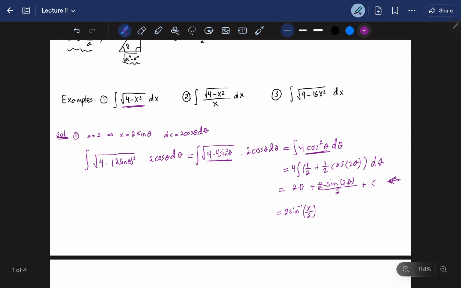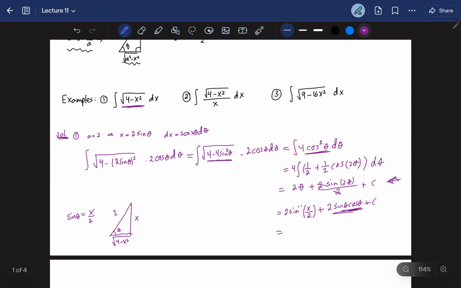Now here, I have sine of 2 theta, but if you build a triangle here using sine of theta equal to x over 2, you have the triangle in terms of theta, not 2 theta. So here, we need to use another identity. For sine 2 theta, this is just 2 sine of theta cosine of theta.